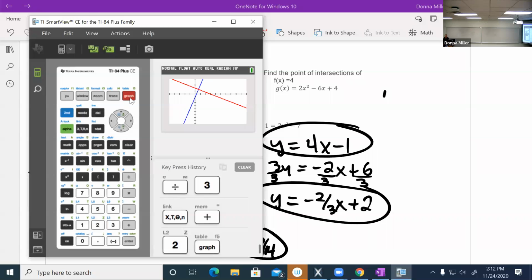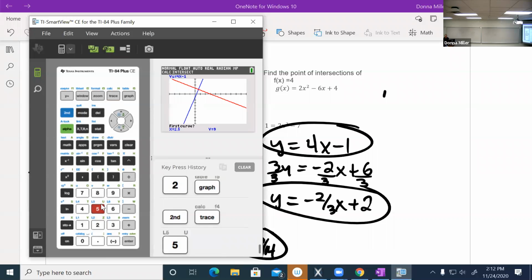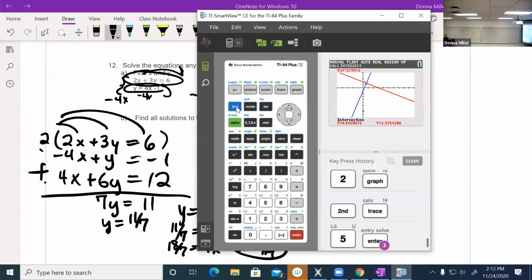All right, I can see the intersection, so I just go find it. Second, trace, intersect, which is 5. Press enter 3 times. And we get 0.6428571 and 1.57, whatever. Hopefully that's the same as my fractions. I'm going to check it just to make sure. So 9/14. Let's see what that is as a decimal.